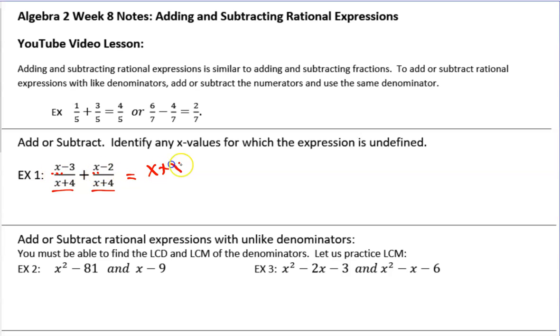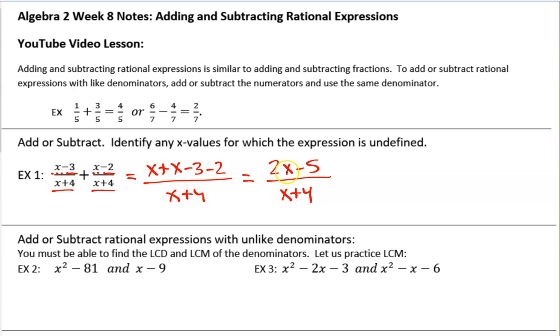There's an x plus x, and then I also see minus 3 minus 2. If I combine like terms, x plus x gives me 2x, and negative 3 minus 2 gives me negative 5. We're over x plus 4. There is nothing else to simplify.